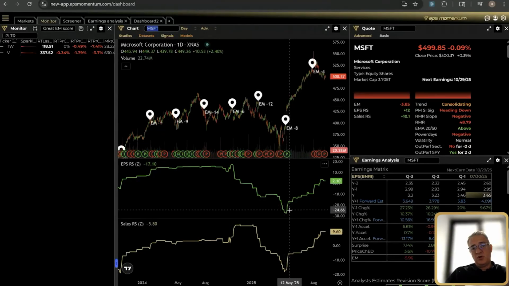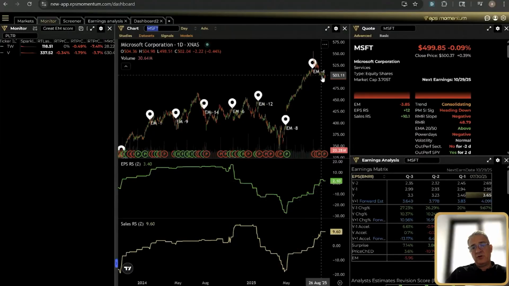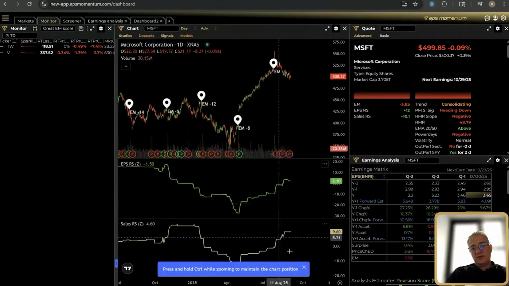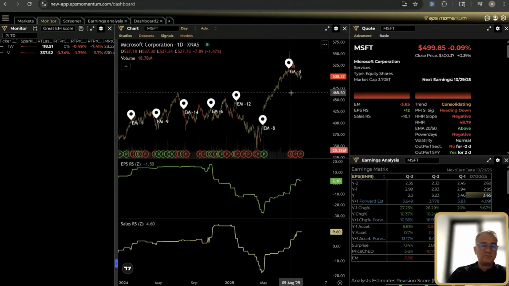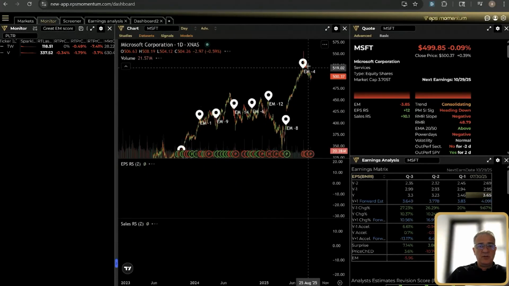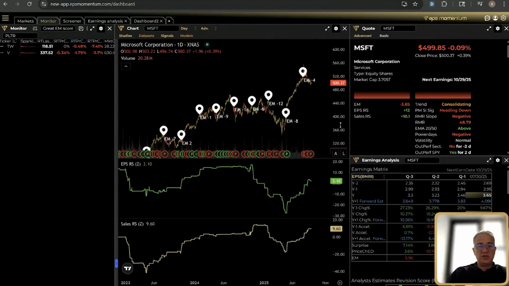All analysts revise their estimate up, and it's an up line to the sky right now, with a little bit of a drop. And that drop is, again, you see that earning per share is also heading downward here. That's why you have this little drop there. So the earning momentum is really in conjunction with the revision score. Both of them should be positive.